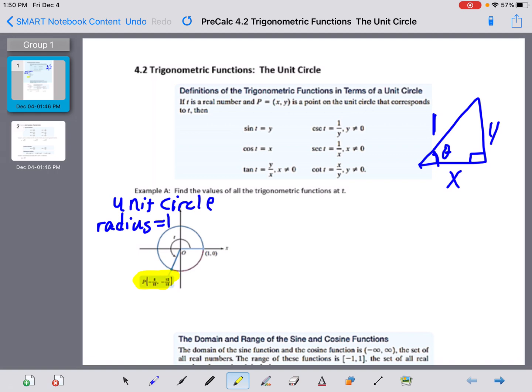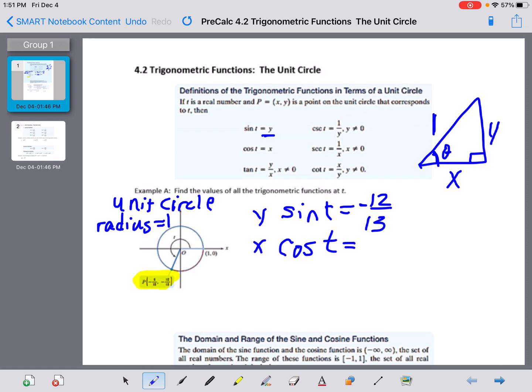But when we have a value on the unit circle, we can use our rules above to find the sine, cosine, and tangent, then the cosecant, secant, and cotangent. So the sine of this angle t, okay, is simply, remember this, the y value, right? So look at your y value. What is the y value there? -12/13, okay? My cosine of my angle is simply my x value. What's the x value? -5/13.